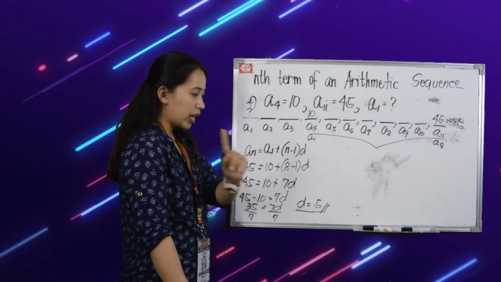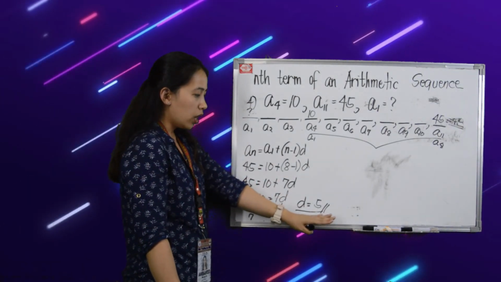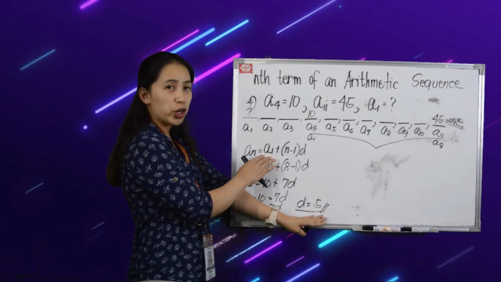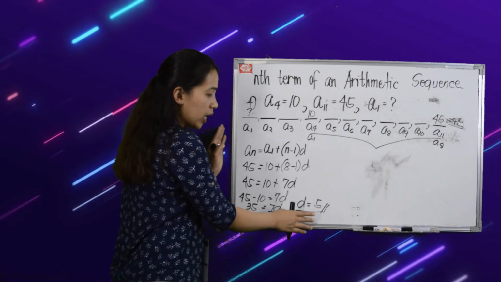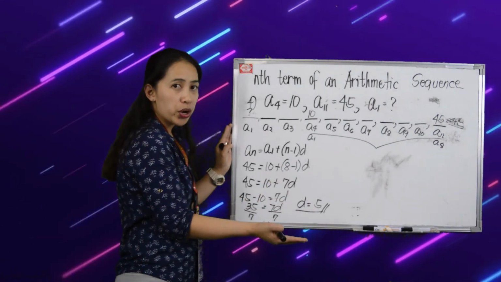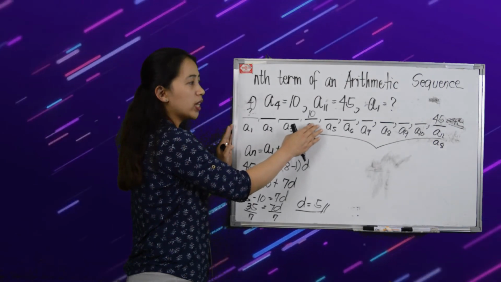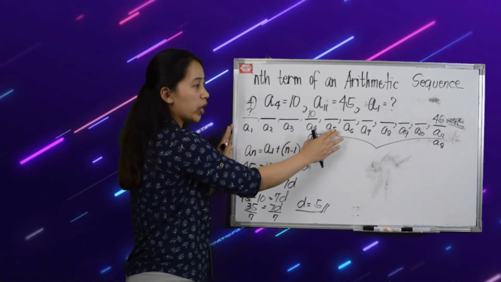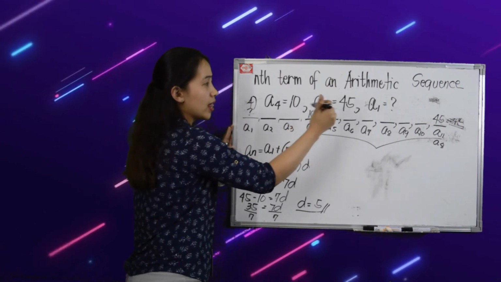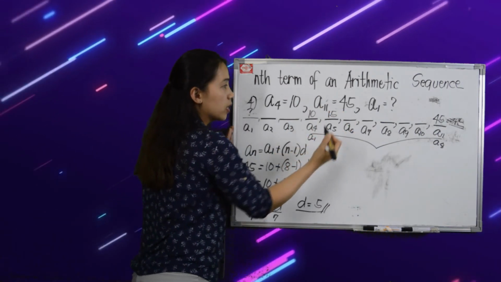How is that? I will show you first using the common difference without using the nth term. We can do listing. Remember, this common difference is the number we are adding to get the next term. So for us to get a sub 5, we will add 5 to 10. And that will be 15.